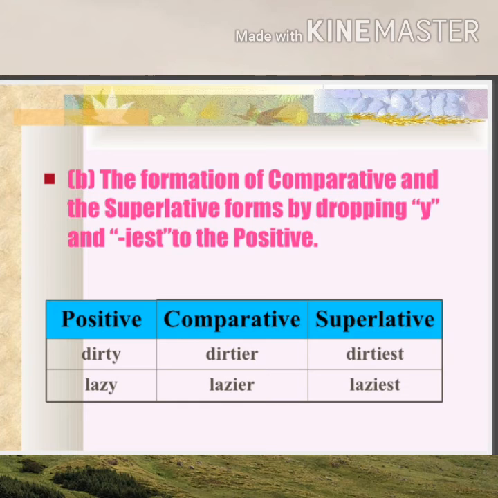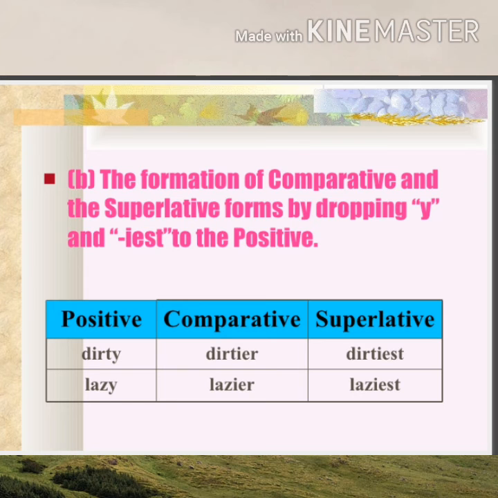Now, second point, the formation of comparative and superlative forms by dropping y and adding ier and iest to the positive. Here, dirty is the positive form and we are going to make it comparative and superlative. That's why we have to drop y here and add ier or iest.